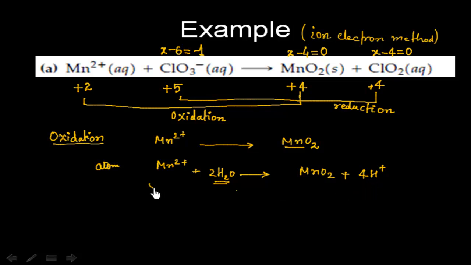This means we have extra plus charge. If we add 2 electrons this side, now charge is balanced. So now atoms are balanced and charge is also balanced.